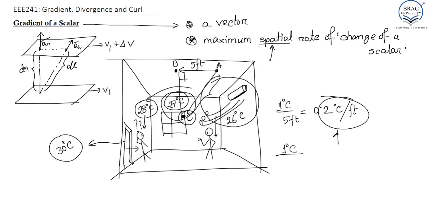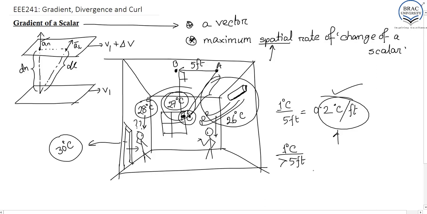If you're moving from A to B, you have to move a distance equal to 5 feet to get from the 26 degrees Celsius region to a region where the temperature is 27 degrees Celsius. So the spatial rate of change of temperature is this. But if you decide to move from A to C over here, obviously you will have to move a greater distance now. AC has a length of greater than 5 feet, okay?